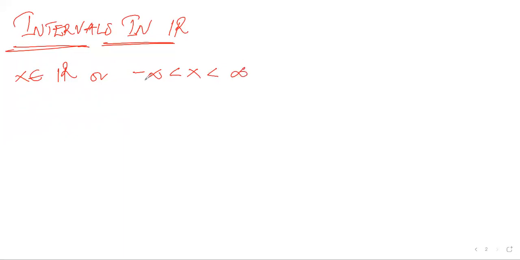So x is bigger than negative infinity and smaller than positive infinity. So this is the number line, and having the number line, we have a lot of communications with respect to that.